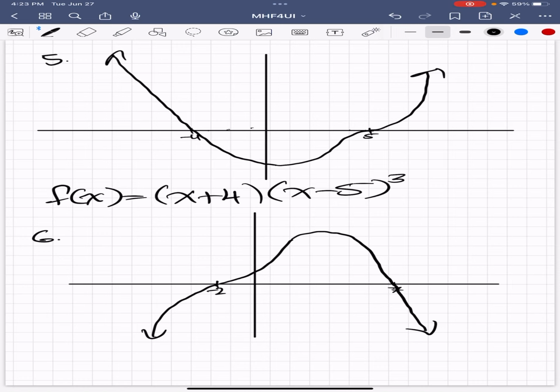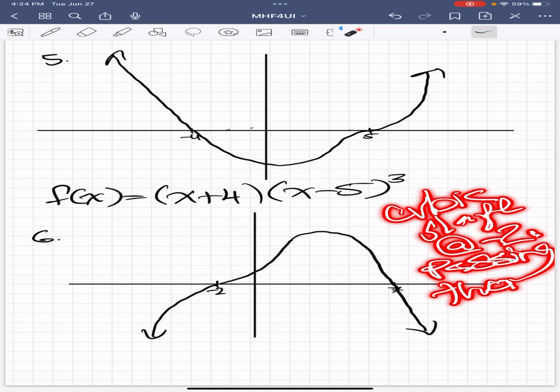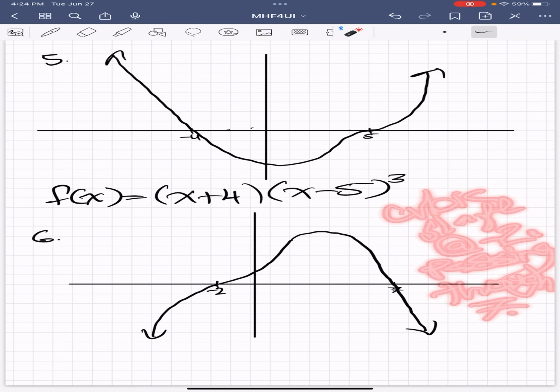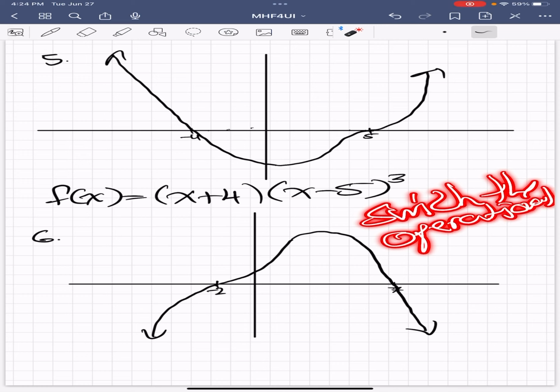As you can see below, it's also a quartic function forming a cubic shape at -2 and passing through 7. So we have another cubic shape at -2, passing through 7. Remember, we switch the operational sign when inputting into the function.